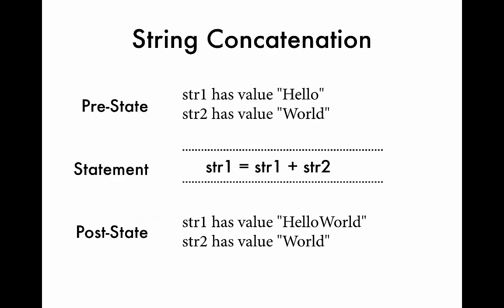Let's look at an example. I think most Java programmers, even novices, would understand that if str1 is hello and str2 is world, and then you concatenated the strings and assigned the result to str1, you would end up with str1 being hello world and str2 still being world.